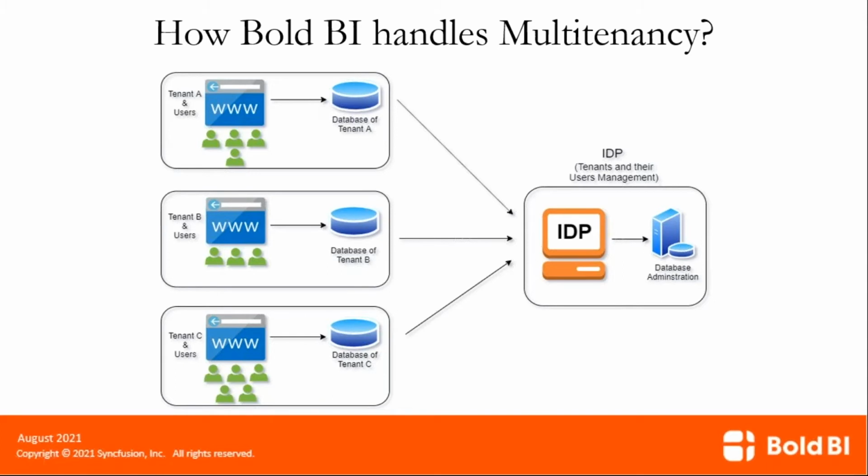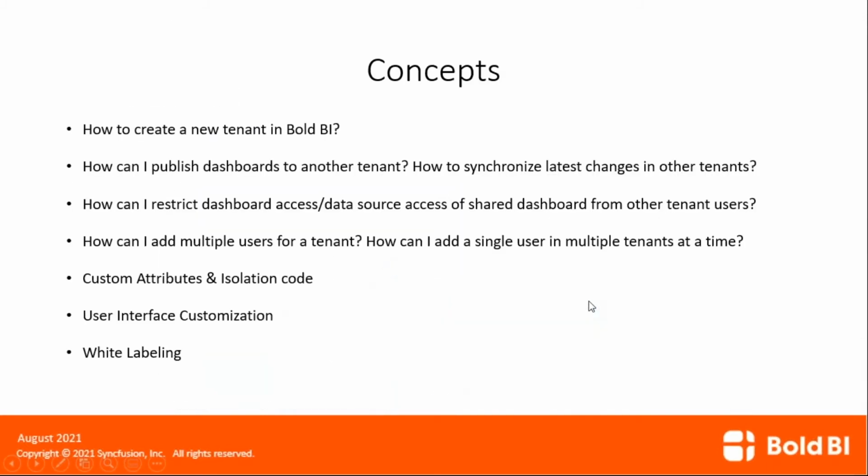So they are isolated from other tenants, in a single Bolt BI deployment. This is the identity provider, which is the core application of the multi-tenancy solution, which manages the tenant and its user identity.